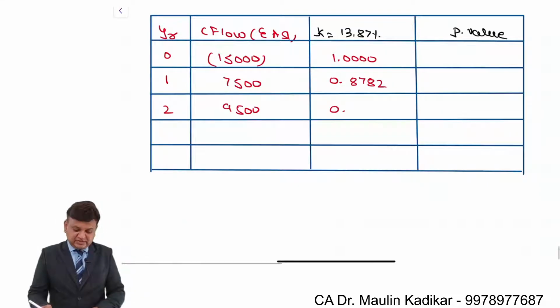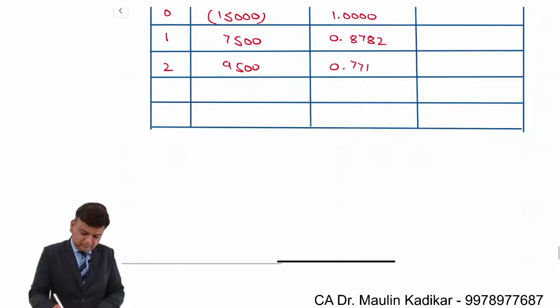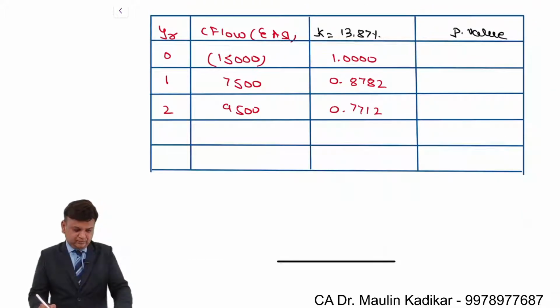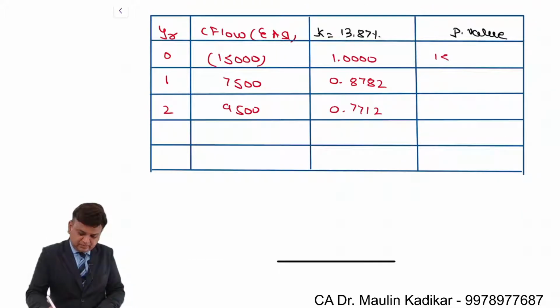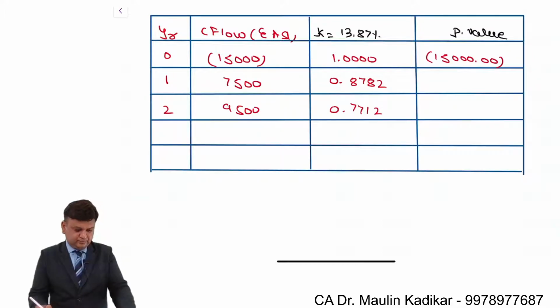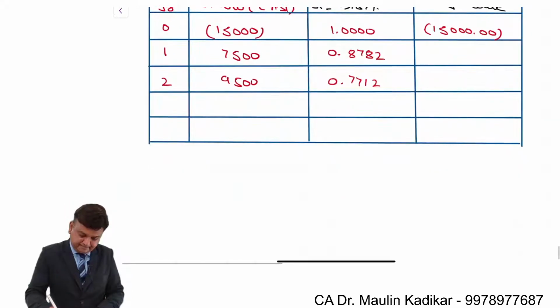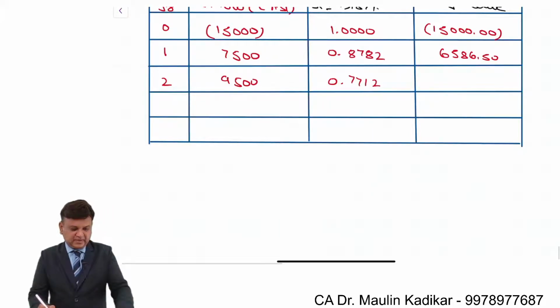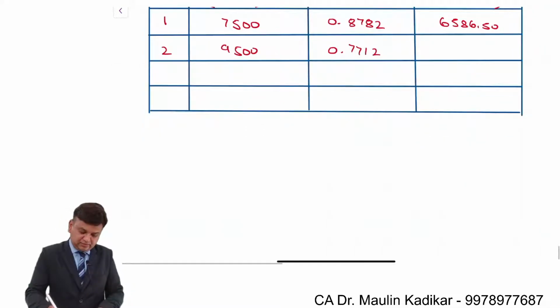Second year factor is 0.7712. 15,000 outflow. $7,500 into 0.8782, so 6586.5. $9,500 into 0.7712, so 7326.4.